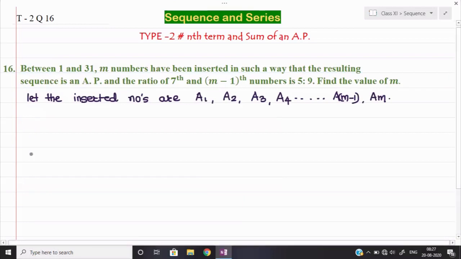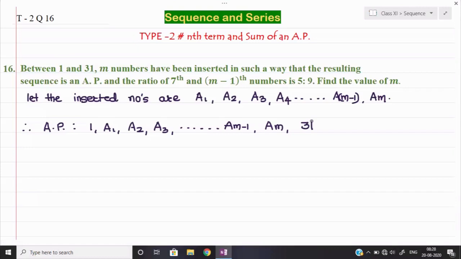Therefore we can say we are forming an AP here, because in the question it is given that they form an AP. So what is the AP here? 1, a1, a2, a3, and so on up to a(m minus 1), then am, and then the last number will be 31, because between 1 and 31 we are inserting m numbers.